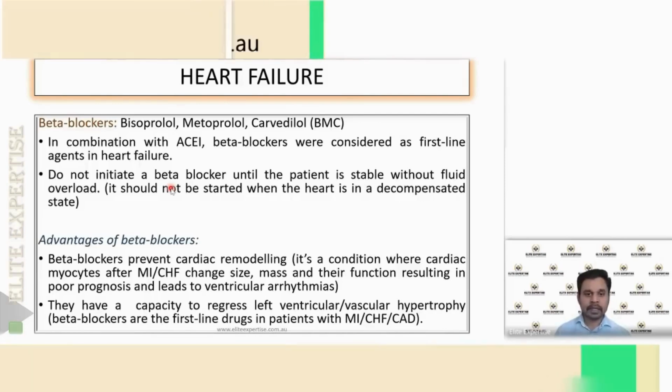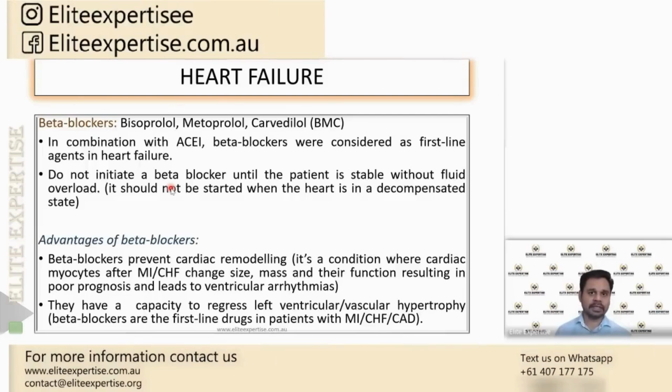So that's why, of course, beta blockers are life-saving drugs, but we should not start the beta blockers abruptly. We need to start a beta blocker carefully once the heart comes back to a compensated condition, or once the excess fluid is removed from the body, or once the patient is hemodynamically stable. Then only we need to start the patient on a beta blocker.